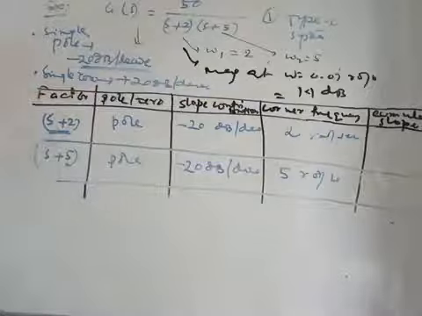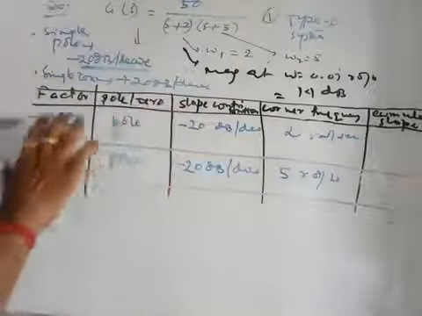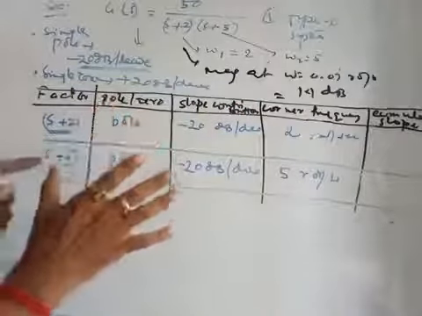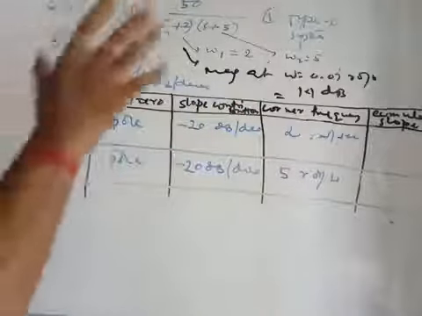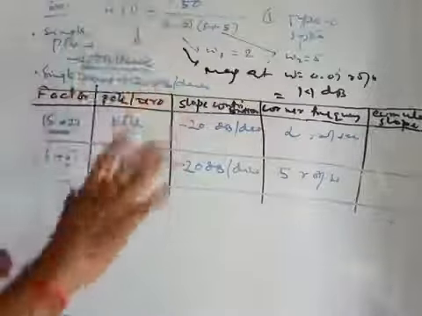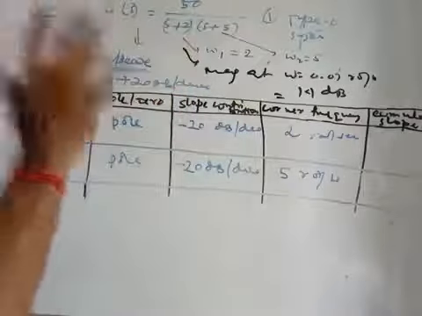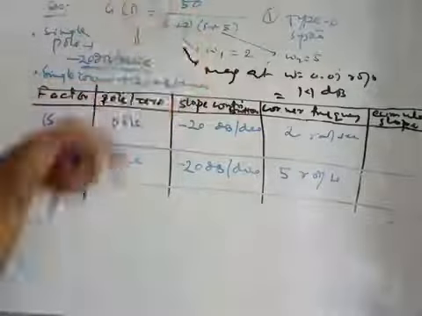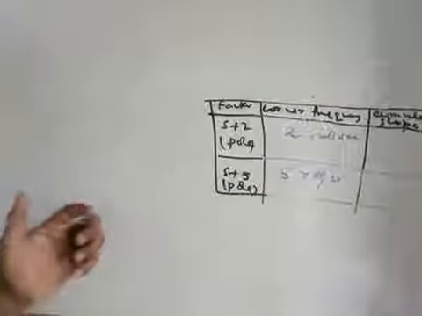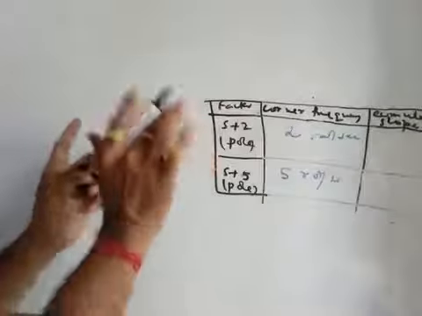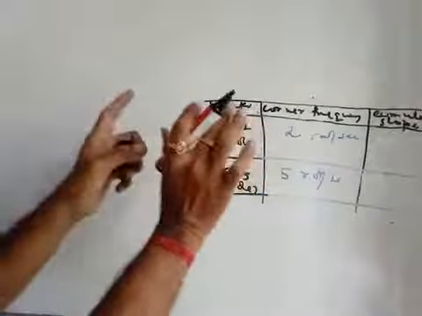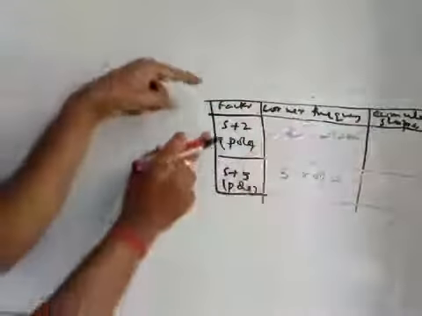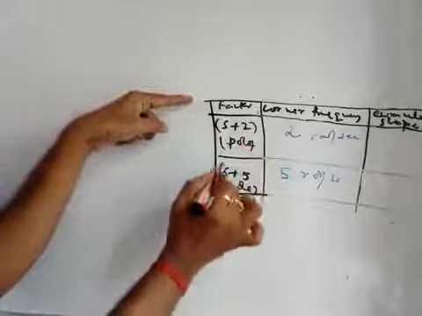This table is very important to draw the Bode plot, and I will remove this part here and show how this can be drawn. For this example, we have removed the rest of the table, and s plus 2 is the factor and s plus 5 is the factor.